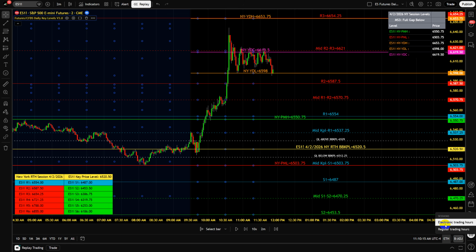If there is a symbol that doesn't have either option, then normally that would be just an indication that it trades round the clock and there is no RTH or ETH option. But in futures and forex CFDs, typically you're going to see regular trading hours and electronic trading hours as RTH and ETH. So you just need to make sure that it is set to ETH, whether that means extended trading hours or electronic trading hours for that particular symbol.